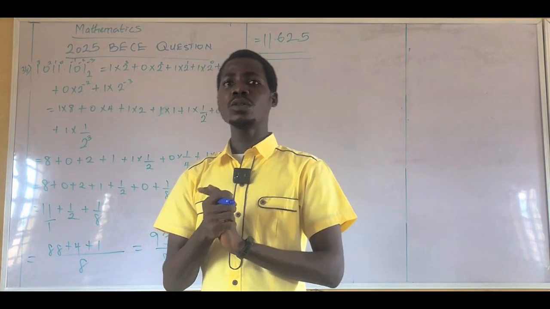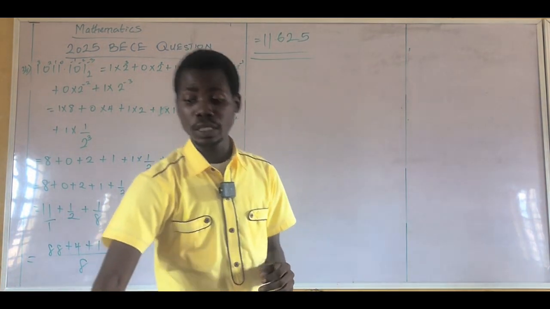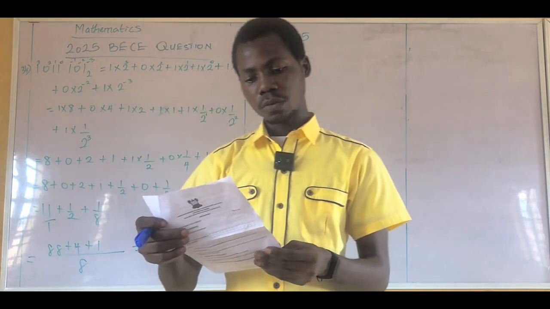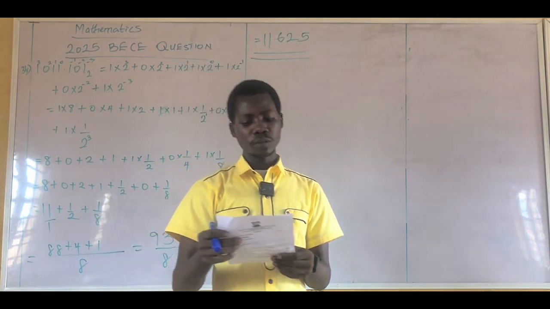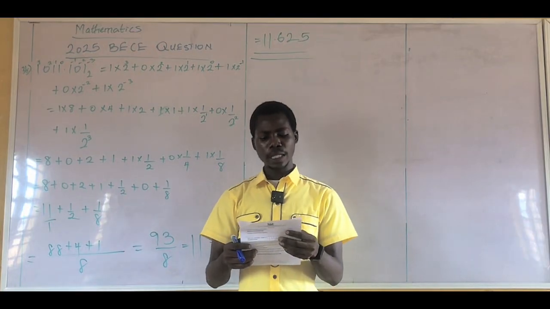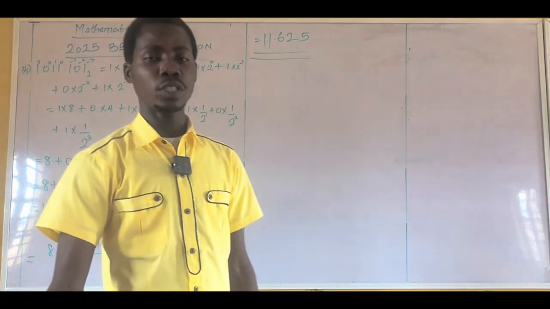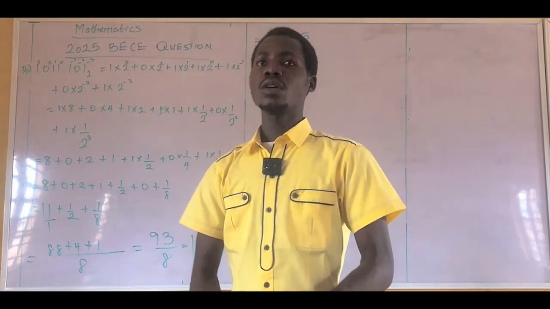So in the next video, we're going to be looking at question 4A and question 4B. Question 4A is on probability, and question 4B is change of subject of formula.